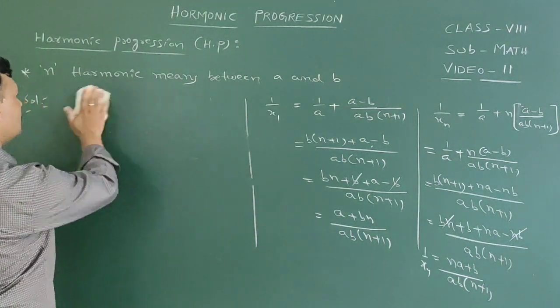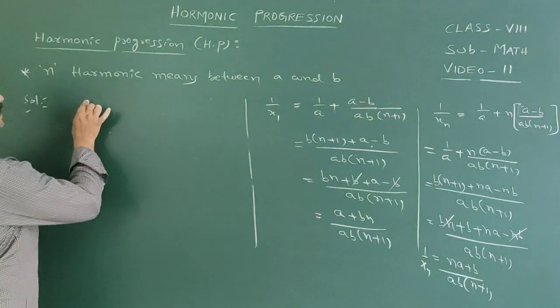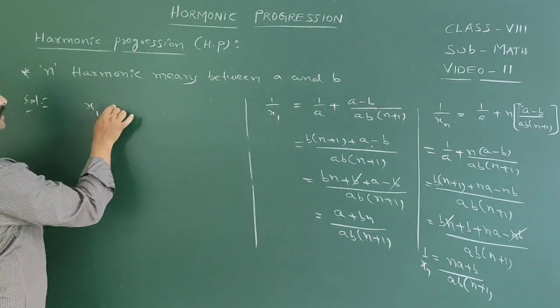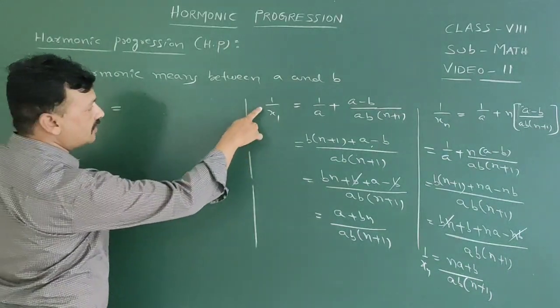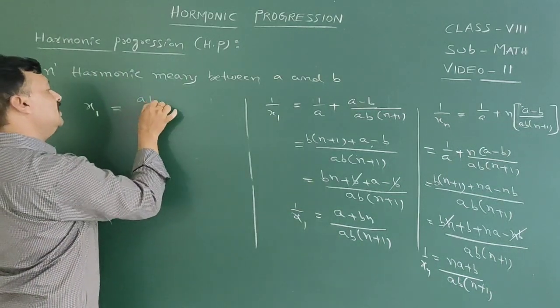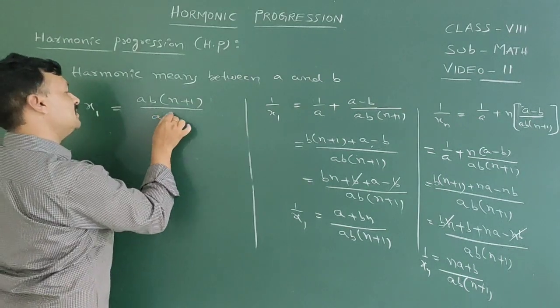Now the required means. The required means are x1. Here 1 by x1 is 1 by AB into n plus 1 by a plus b.